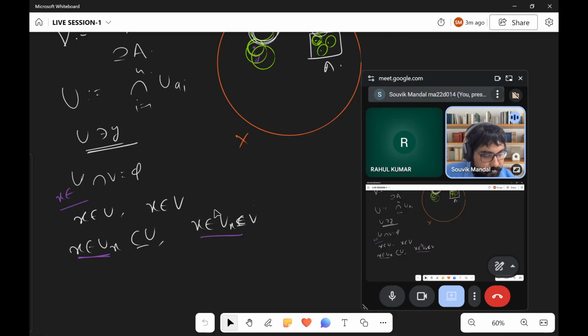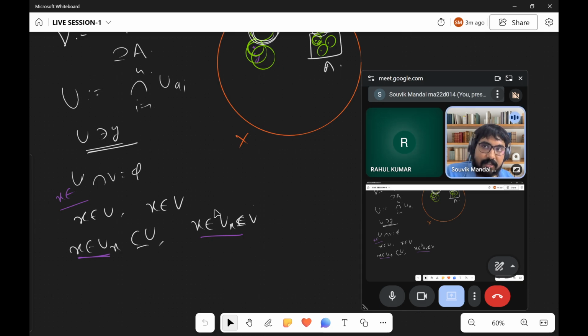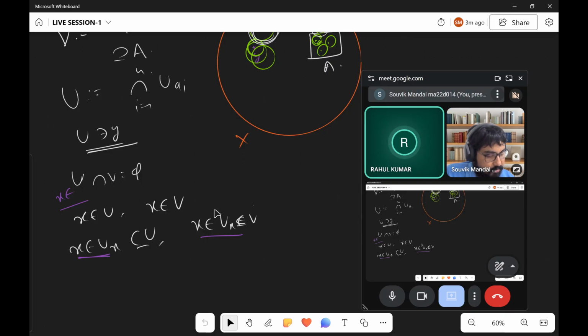As you have pictured in the diagram, there may exist some neighborhood of X whose intersection is empty. But what is that neighborhood? The intersection of the whole complete U_αi intersection V_αi.